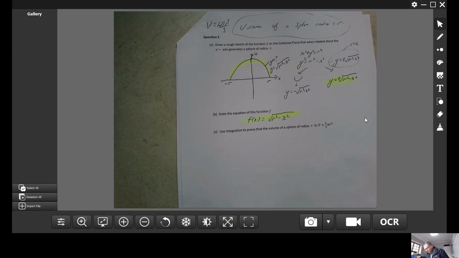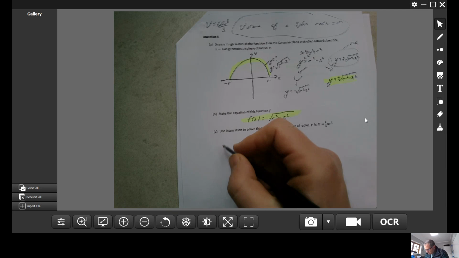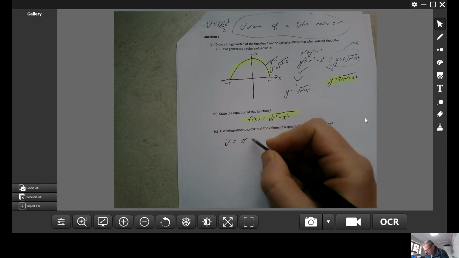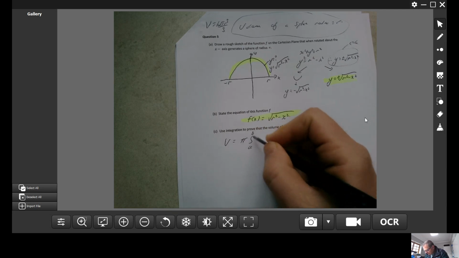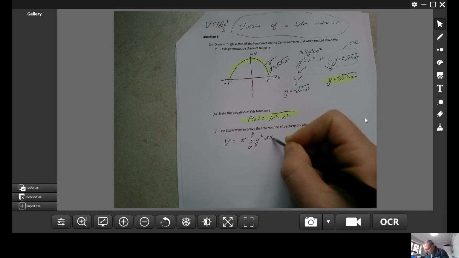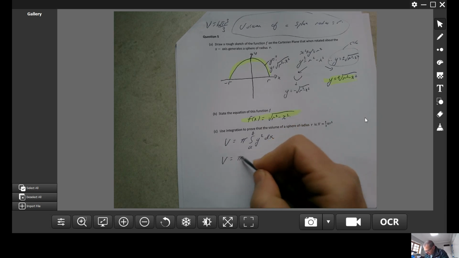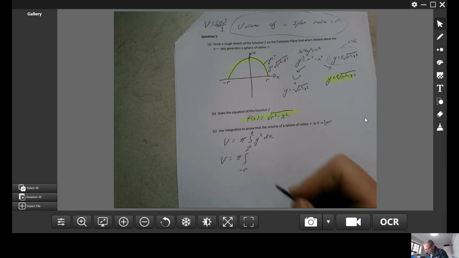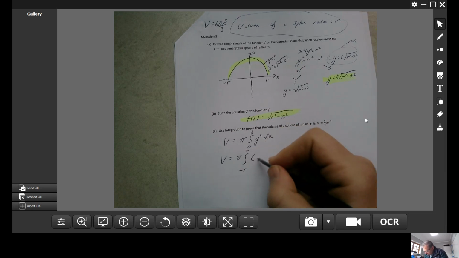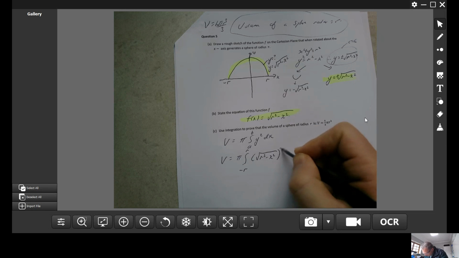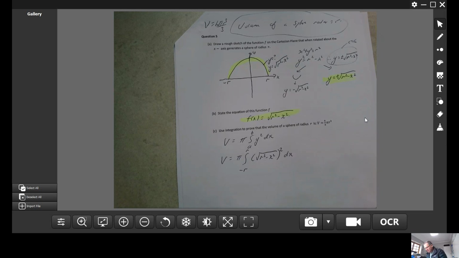Now it says use integration to prove that the volume of the sphere is 4 over 3 pi r cubed. So what are we doing? We're going to use our formula. Volume is equal to pi times the integral between a and b of the function squared with respect to x. In this case, volume is equal to pi times the integral between negative r and r of the square root of r squared minus x squared, all squared, with respect to x.